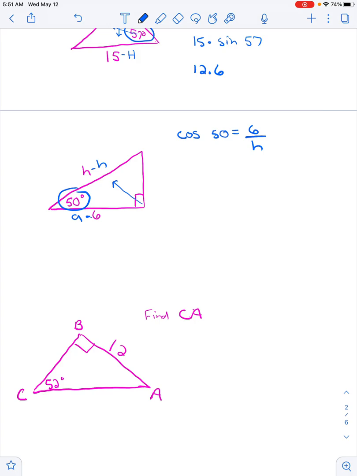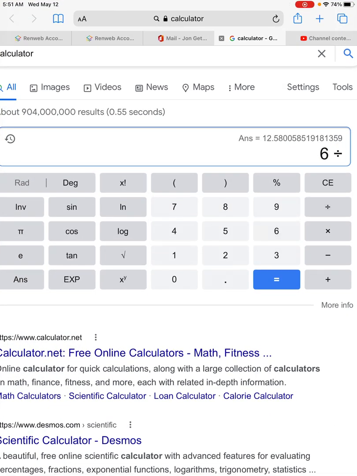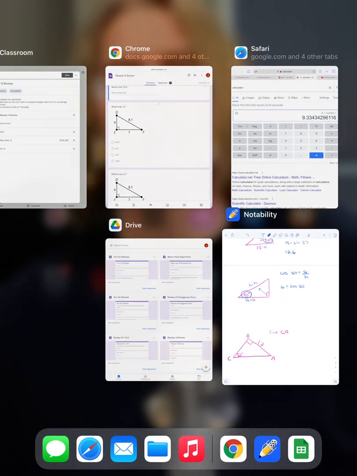Now, my variable is in the denominator, so denominator means I divide. So 6 divided by cosine 50 is 9.3.